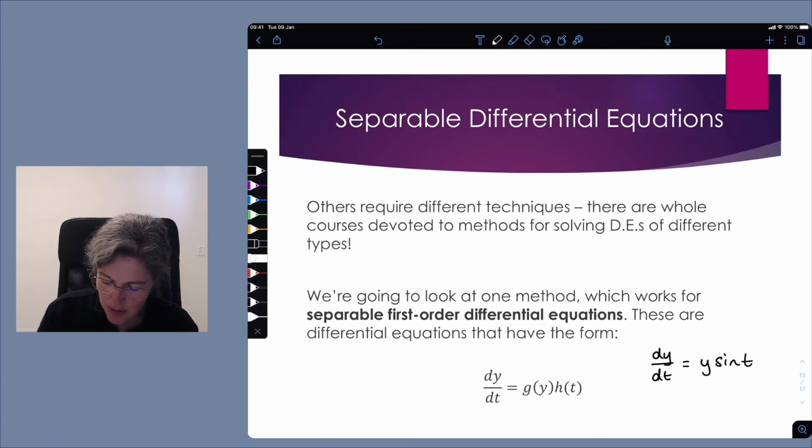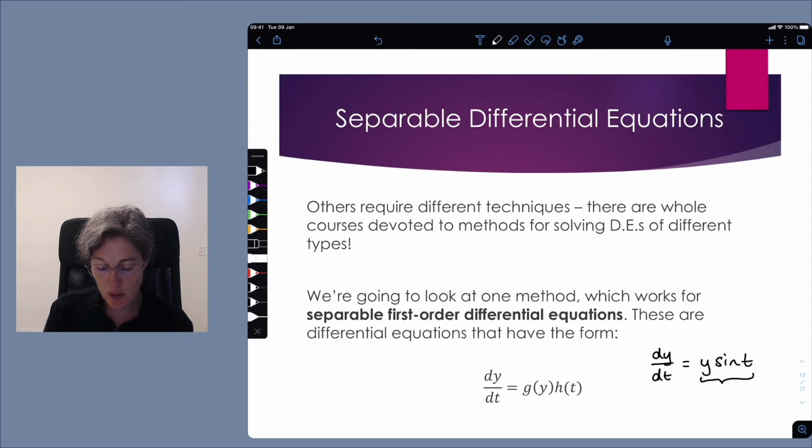So there are lots and lots of different forms that differential equations come in. We've seen autonomous ones, which only have the dependent variable on the right-hand side. We have things like this, which are not autonomous. And the different techniques depend a lot on the form. So we're only really going to look at one particular form, which is called separable first order.